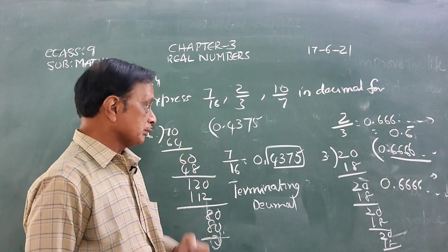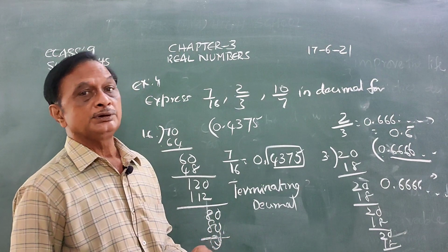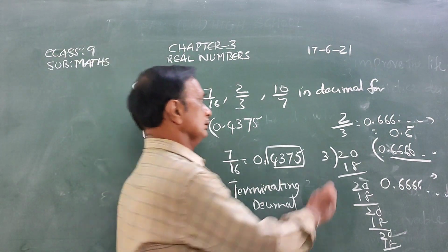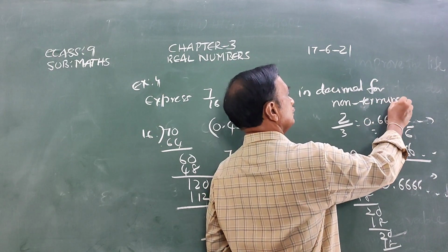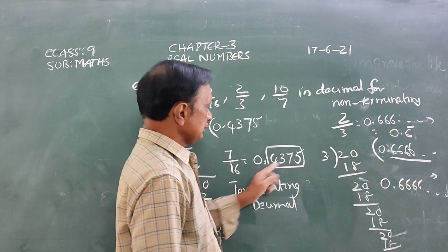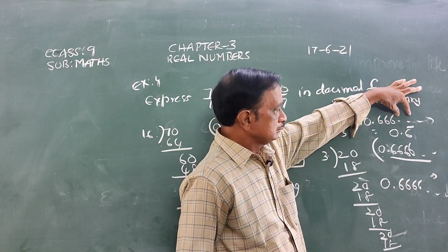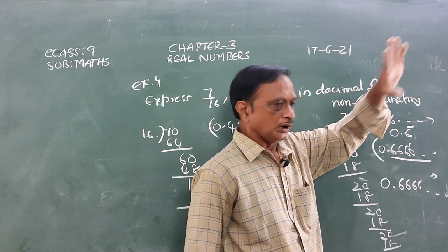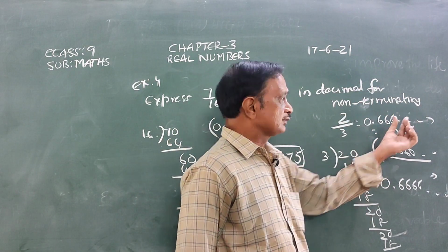What do you call this decimal? Here this decimal is called a non-terminating recurring decimal. Non-terminating, because in the decimal part the digits are infinite. We get 6666 and so on, so we get an infinite number of digits.